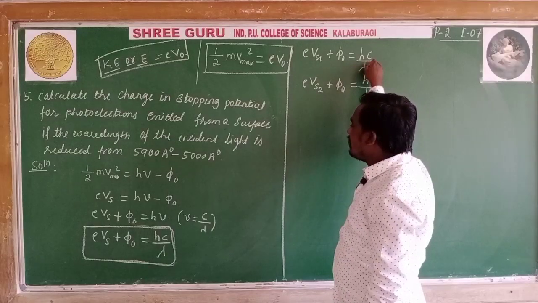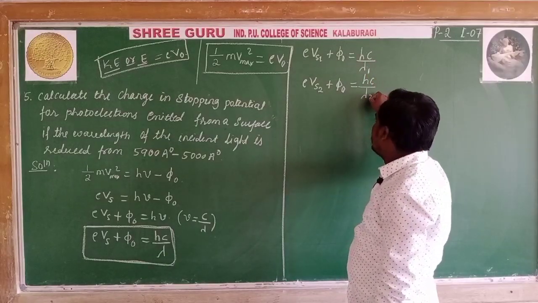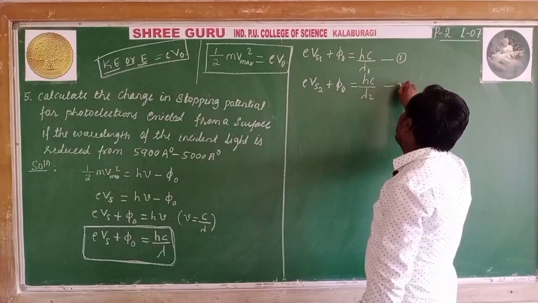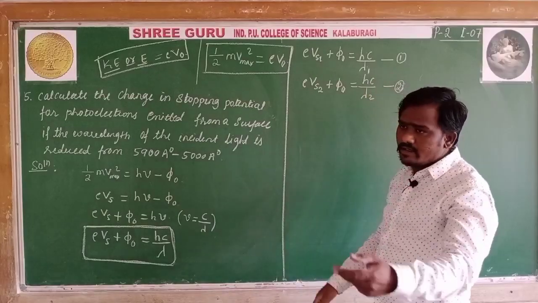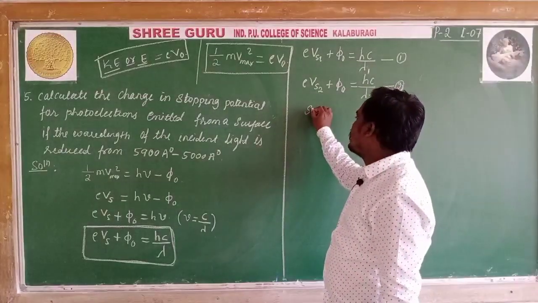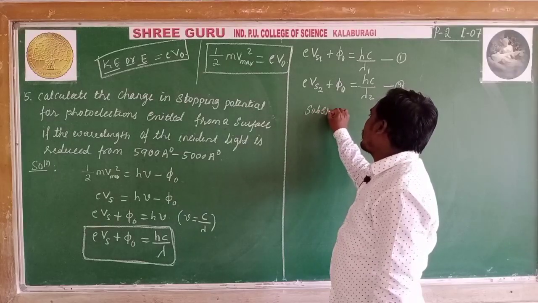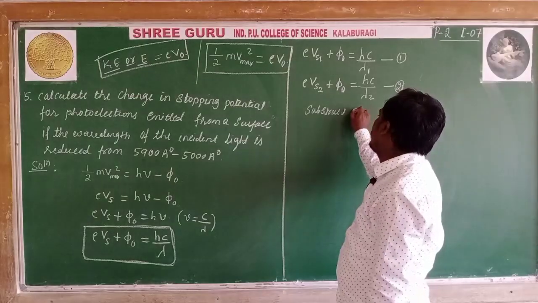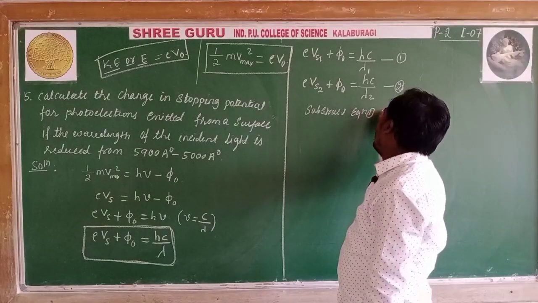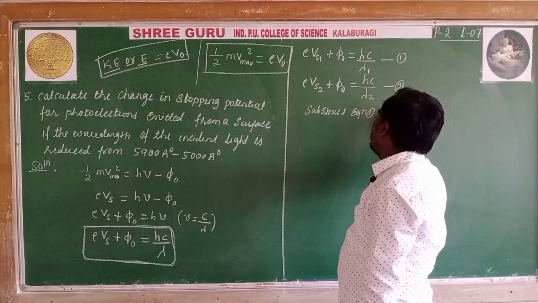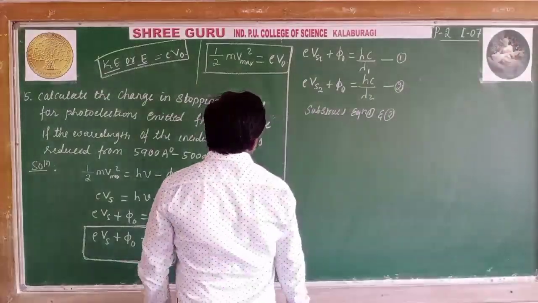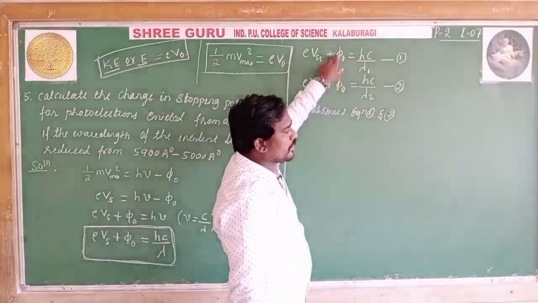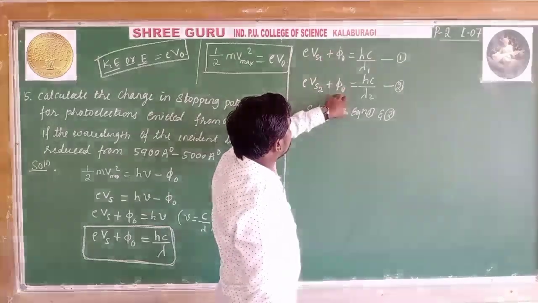This is the initial wavelength and this is our final wavelength. Subtract equation 1 and 2, and the work function cancels, since it is the same for the same substance.